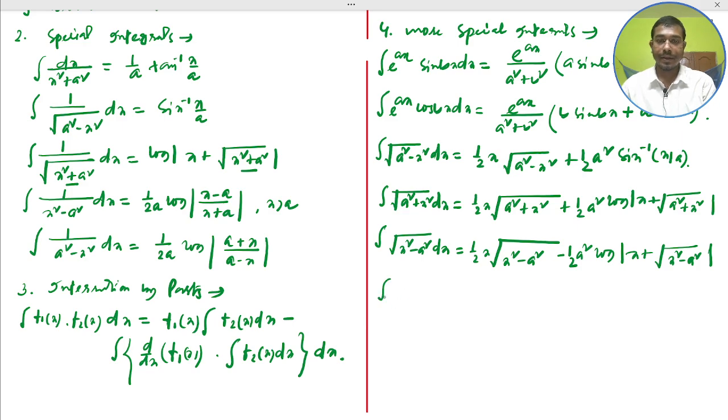Next, the integration 1 by x root over x square minus a square dx, that would be 1 by a sec inverse x by a.